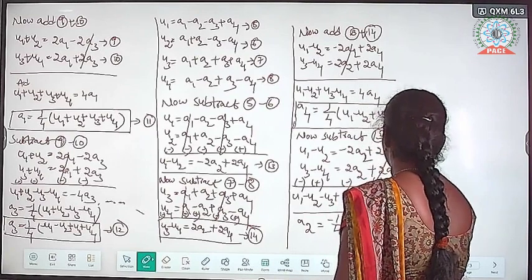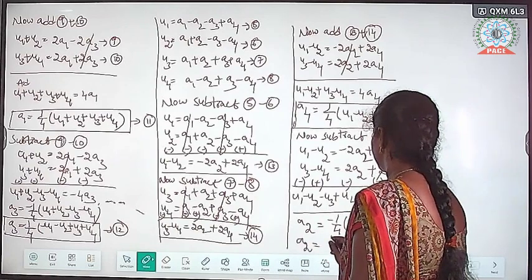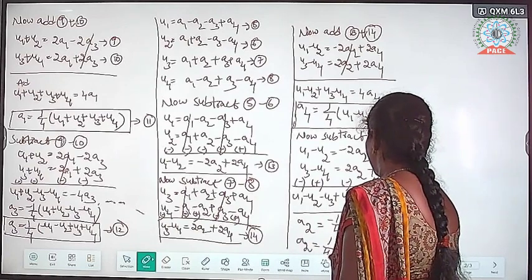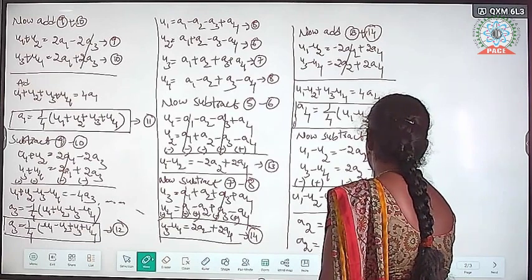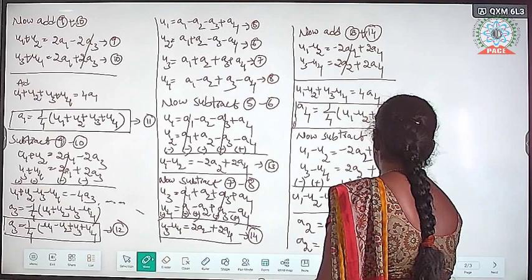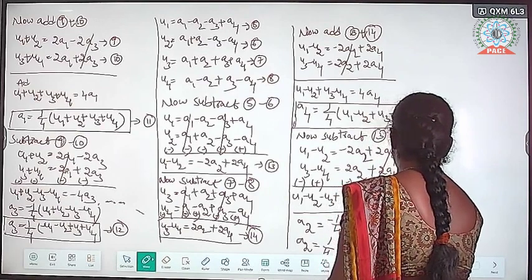So a2 is equal to 1 by 4 into minus u1 plus u2 plus u3 minus u4. This is the final coefficient equation of a2.